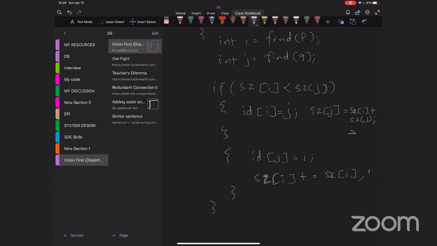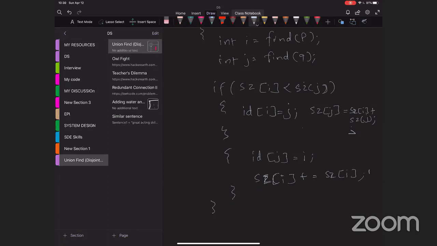Okay. So basically, since we are making J the parent, J's size is going to increase, right? Now remember that in this case size is the size of the whole tree. That means how many elements are in that tree. It's not the height actually, but it is going to help us.